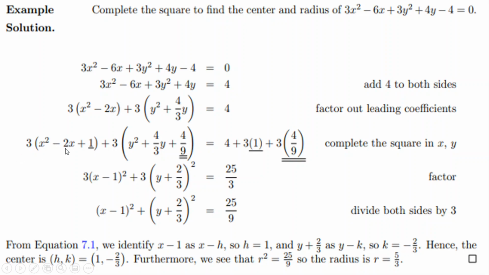b over 2 squared. So, 3 times x squared minus 2x, b over 2. 2 over 2 is 1. 1 times 1 is 1. Plus 3 times y squared plus 4 over 3y. So, 4 over 3 divided by 2.